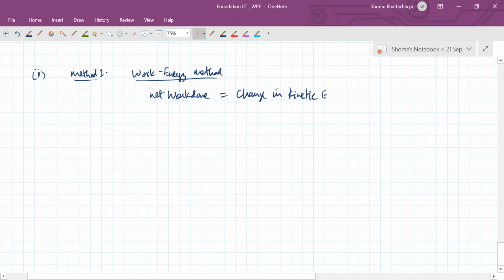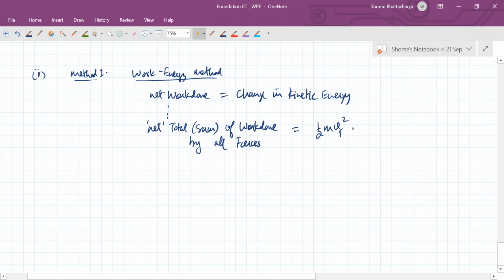Here I will not consider change in potential energy because I'm including gravity on the work done side. So this is the net total or sum of work done by all forces, and that is equal to half m final speed square minus half m initial speed square. That is the change in kinetic energy. This is final, this is initial.